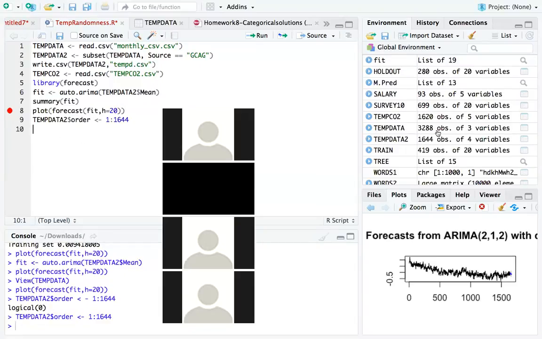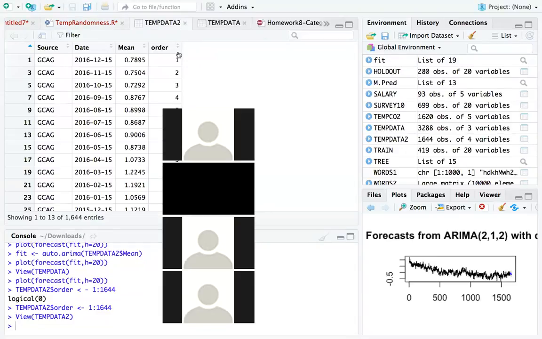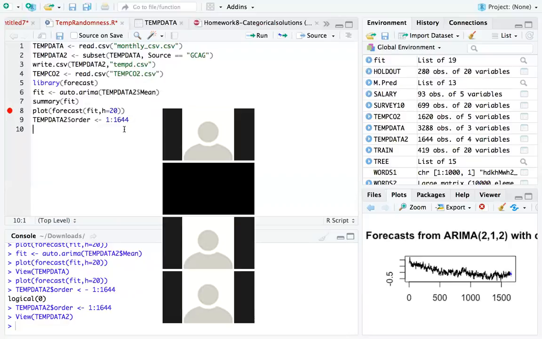Okay, good. Now I have an order variable. Now what we're going to do is take temp data and order it. Let's do temp data ordered, and store into it order of temp data.